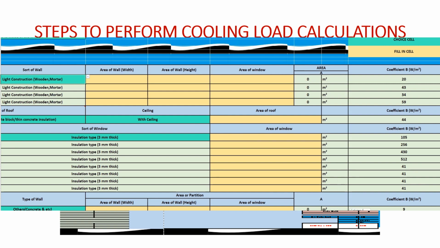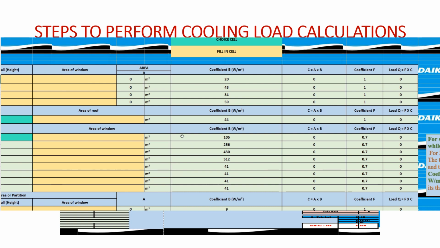From here we will have the coefficient B. So from area A times B, we get the answer here, and times coefficient F, for example here, 1.